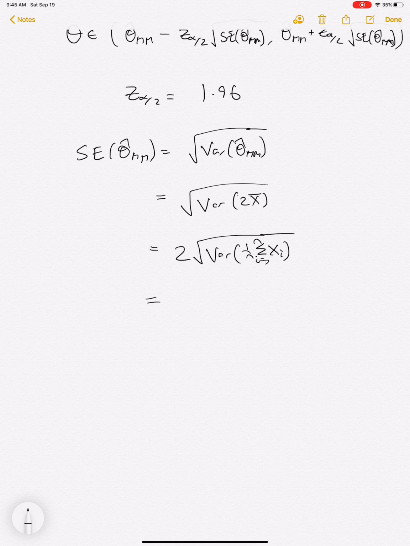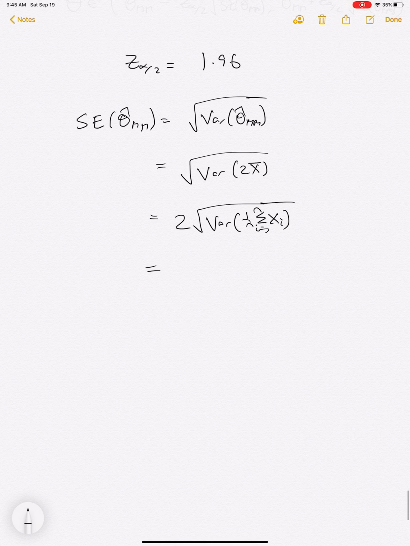So I've taken the 2 out. When you take it out of the variance, it gets squared, and then I take it out as the square root, so it gets unsquared again.